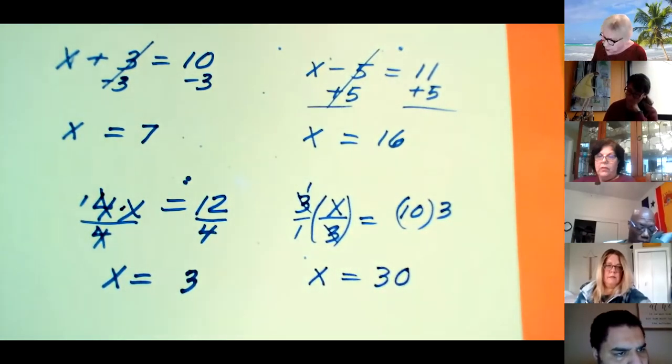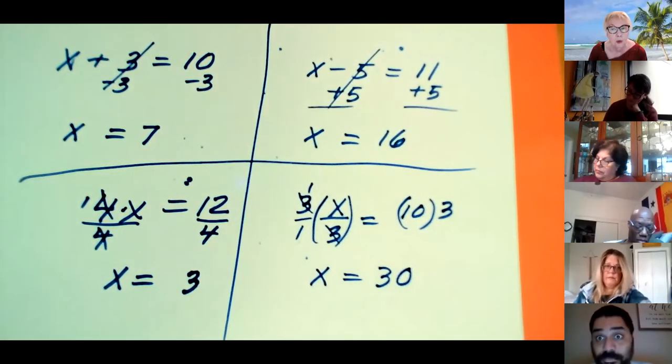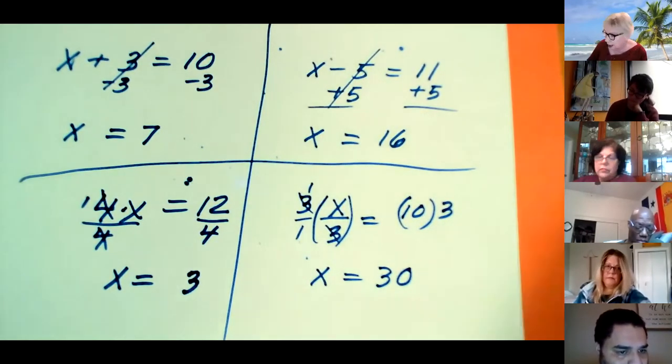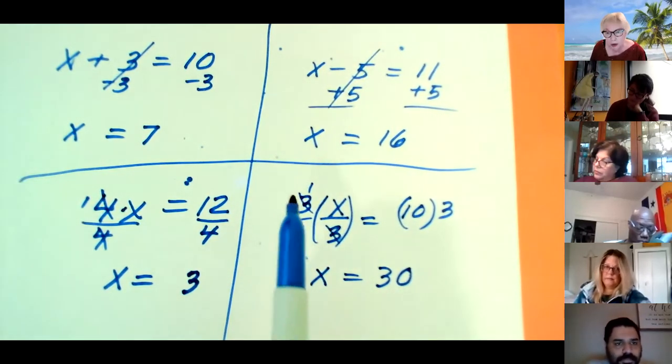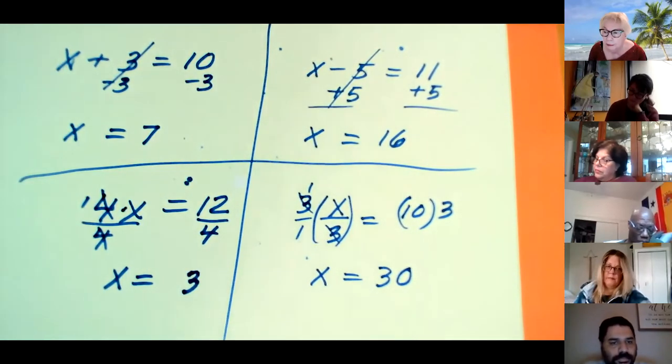I think these problems make sense. One step: identify the one step and do the opposite and do it to both sides and be very, very clear. I added, I added. I multiplied, I multiplied. I divided, that kind of thing. Okay, that's our start.